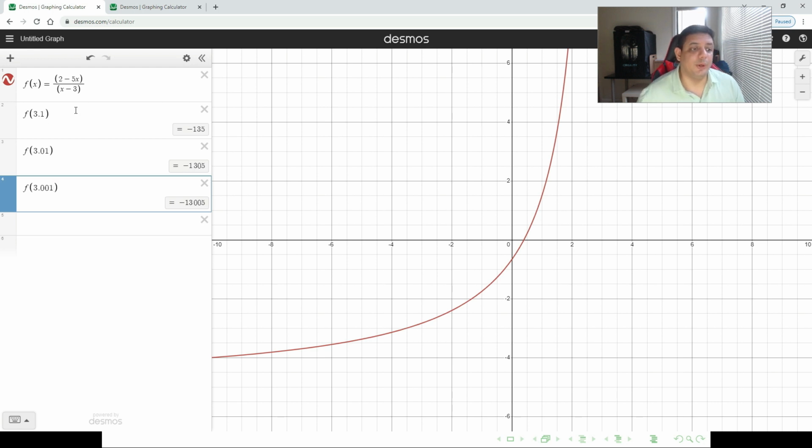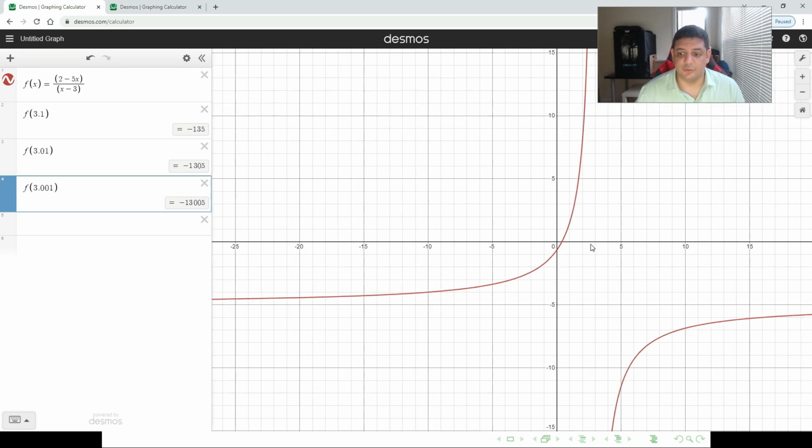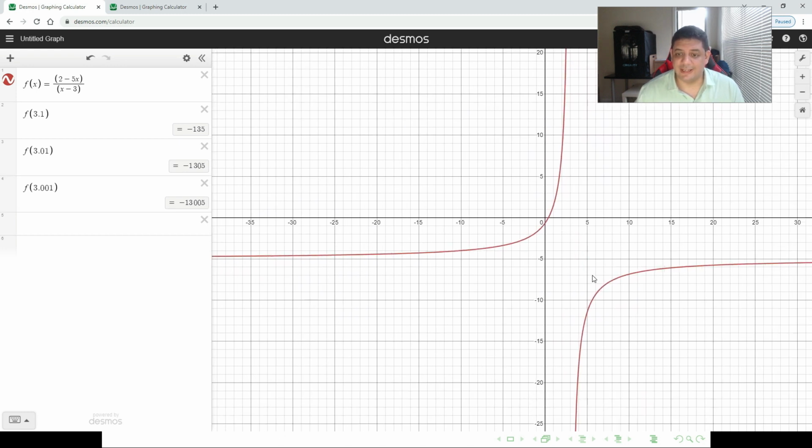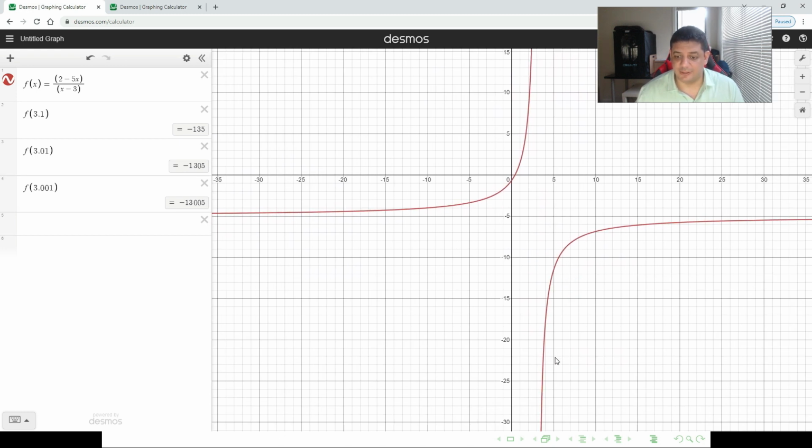So in here we're approaching by the right side, and you can see that the numbers are getting larger and larger but negative. So we can bet that by the right side this is going to go to minus infinity, which is the kind of behavior that we see here in the graph. You can see that there's an asymptote, and this is going to minus infinity here.